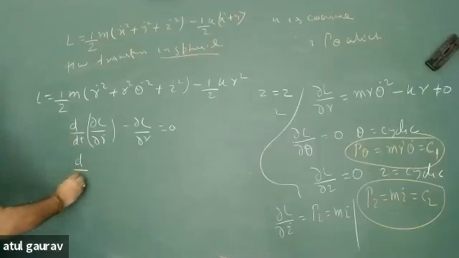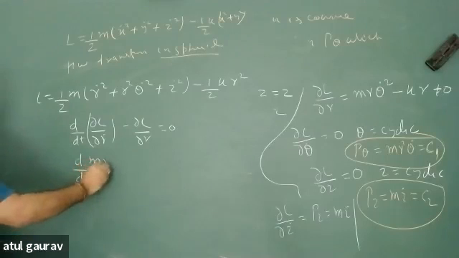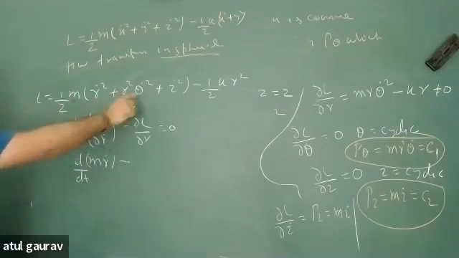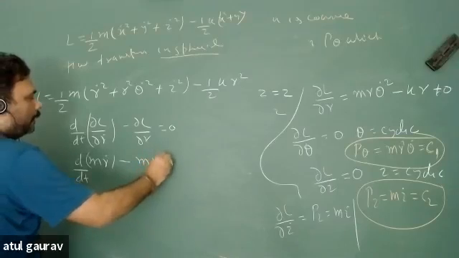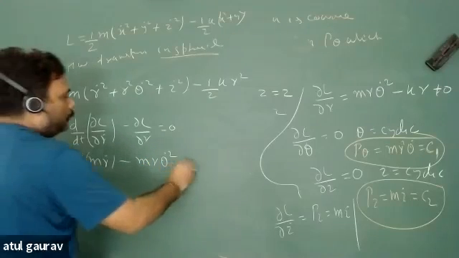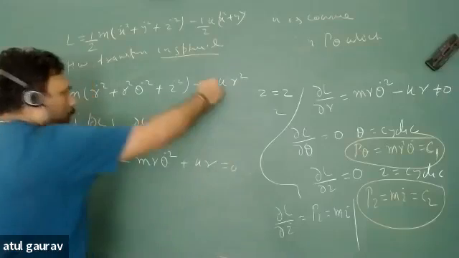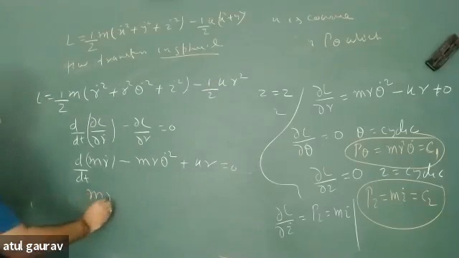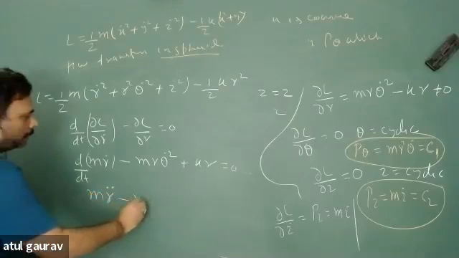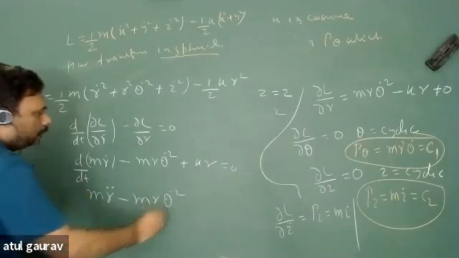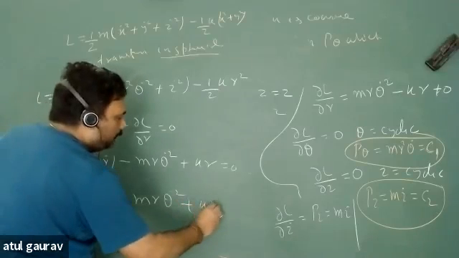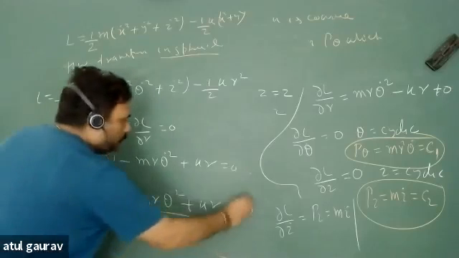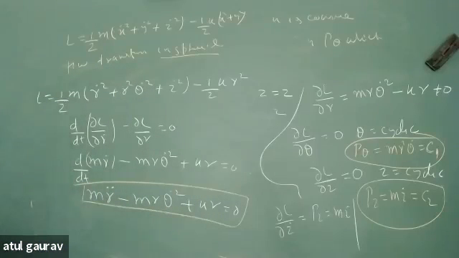So we have d upon dt of m r dot, minus del L upon del r. This will be m r theta dot square minus k r, so it becomes plus k r. So we have m r double dot minus m r theta dot square plus k r is equal to 0. And this is my equation of motion in the r direction.